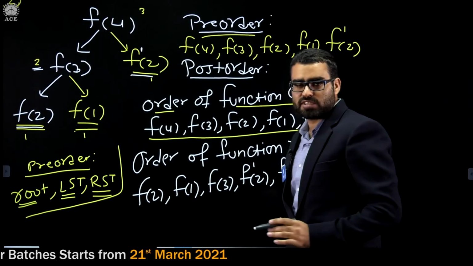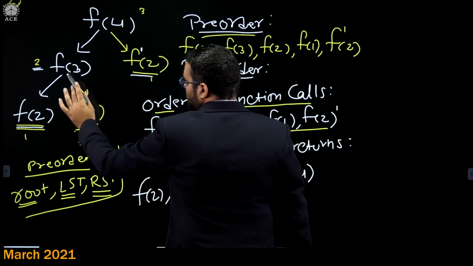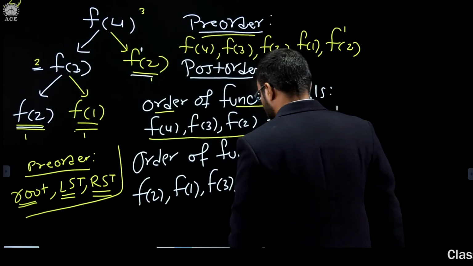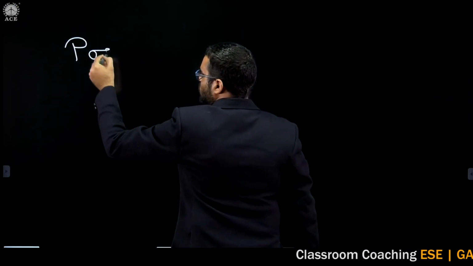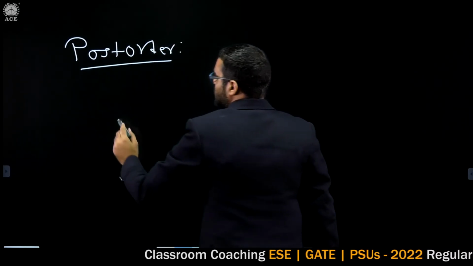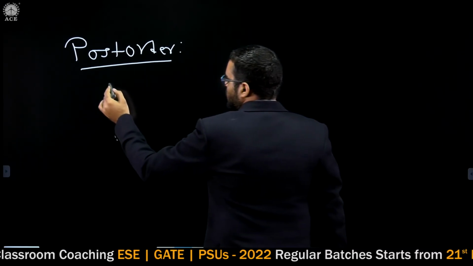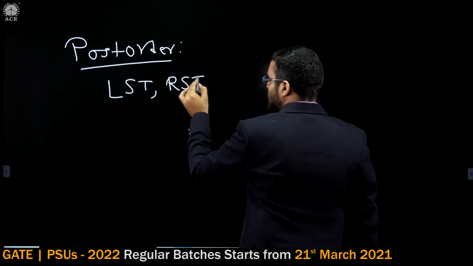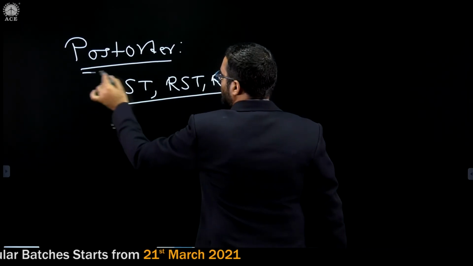In the post order traversal of any tree, first we go to the left subtree, then we go to the right subtree, and then at the end we print the root node. So this is the post order traversal.